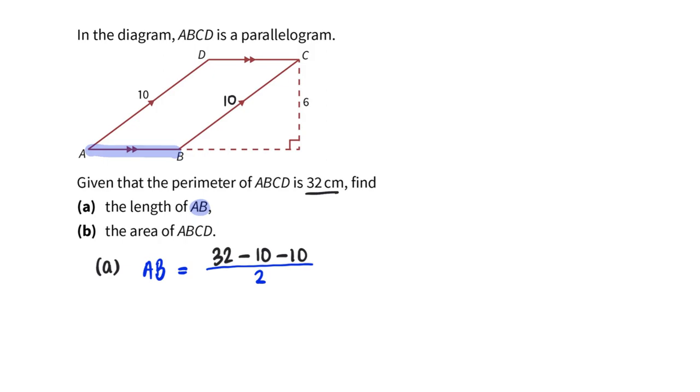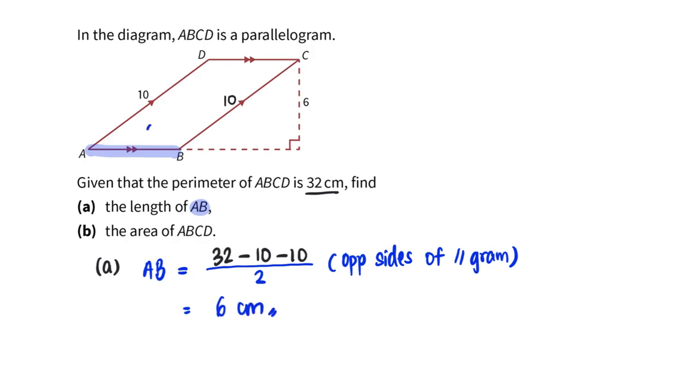Because DC and AB, they are equal to each other. They are the sides of a parallelogram, because they are opposite sides of a parallelogram. And this gives us 6 cm.